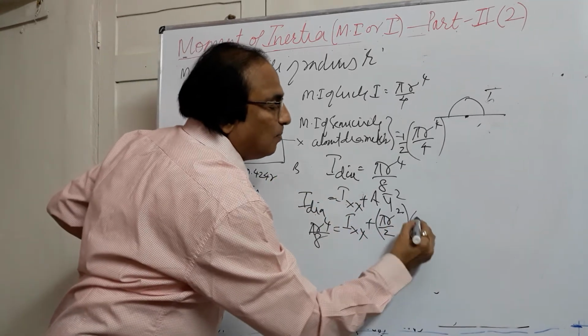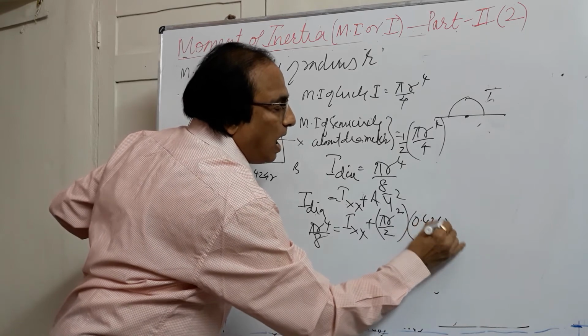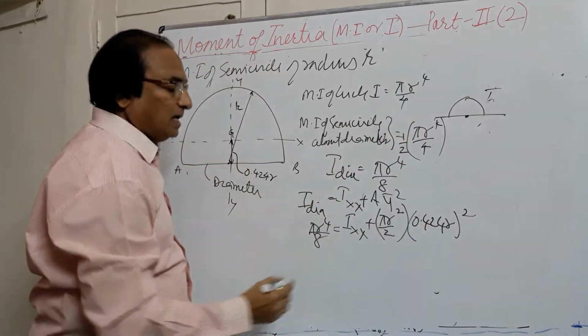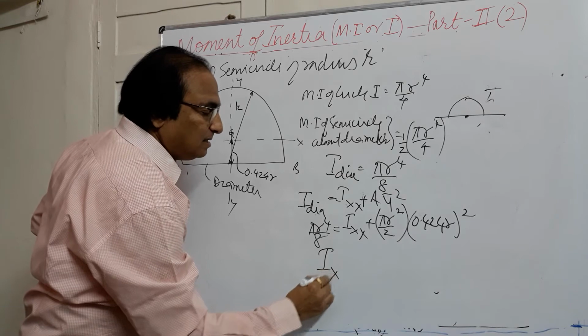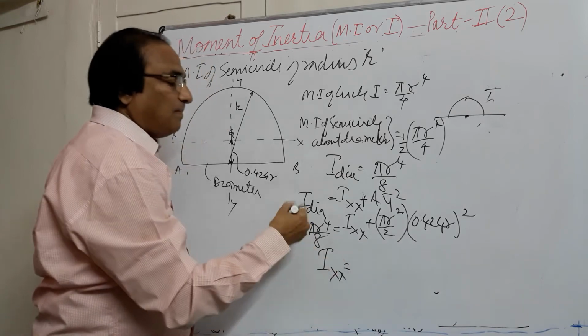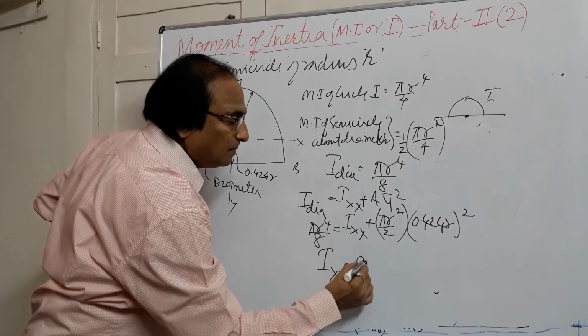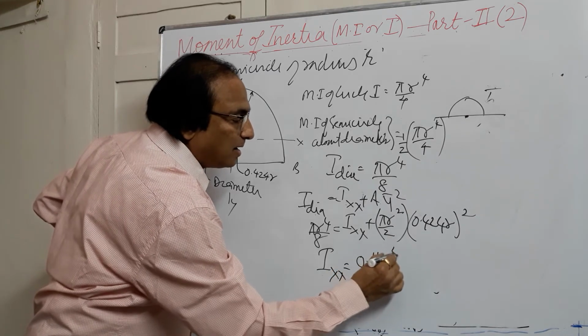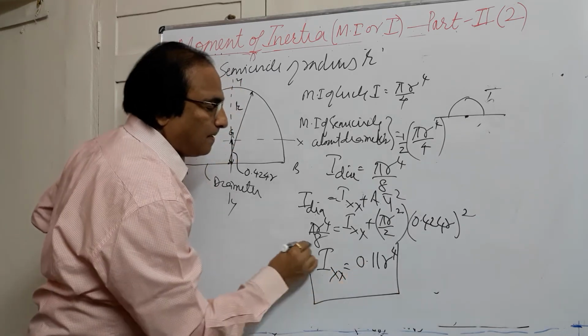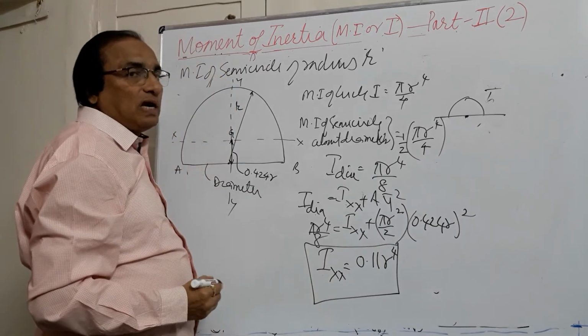This is 0.424 r. If you simplify this and convert the pi terms into a numerical value, you get 0.11 r raised to 4.